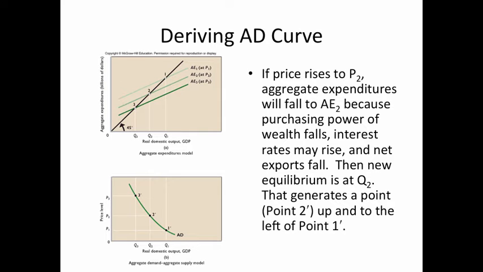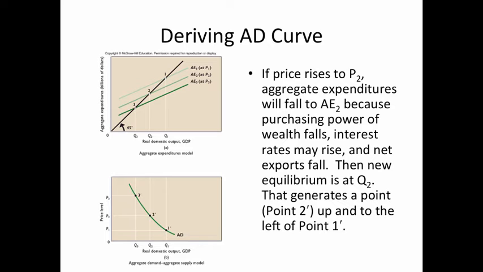Okay, so what happens if we change the price level? Let's go ahead and increase the price level to P2, and what we'd expect to see in terms of spending is that spending will go down. The aggregate expenditure line should shift down because the purchasing power of wealth falls, or interest rates may rise, or net exports may fall.